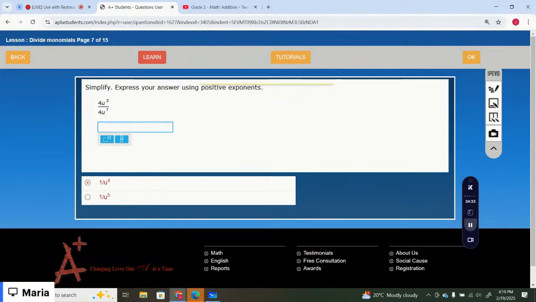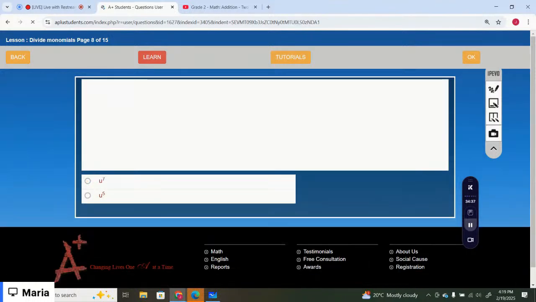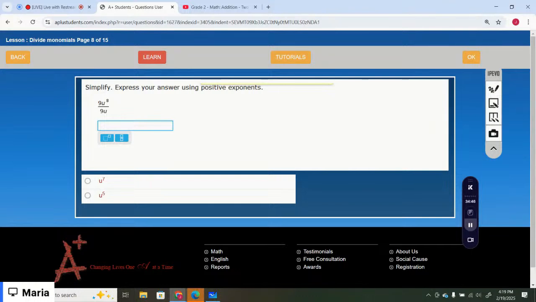Option number 1 is the correct option. 9u8 divided by 9u, which is the correct option?